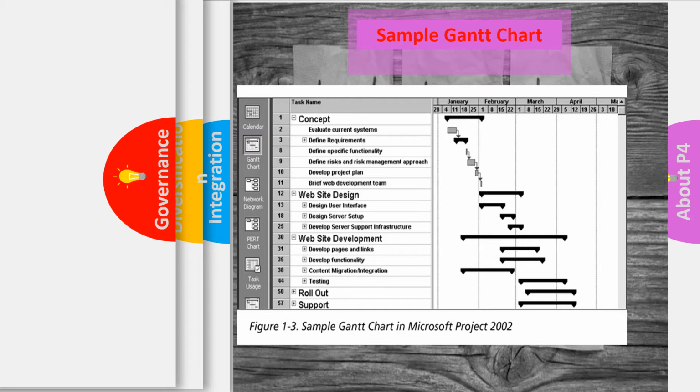And again, each of these elements will have specific times, and these elements will then overall combine to meet the time period of that area, concept for example, or web design. So you can have a Gantt chart, and here you can allocate times to specific parts of the project, like the concept, website design, the website development, and some of these can cross over into the other areas. So the whole timeline would give you a period of when you want each element to happen or should be completed by.